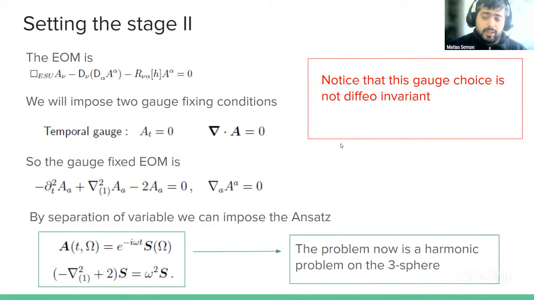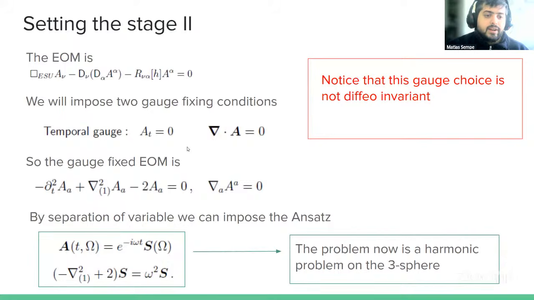And a particular thing that happens for this gauge is that it is not diffeomorphism invariant. If we do a diffeomorphism, the Lorentz transformation is conserved, but the temporal gauge is not conserved. So when we do a diffeomorphism, we have to do an additional gauge transformation, so that we are back to the temporal gauge.